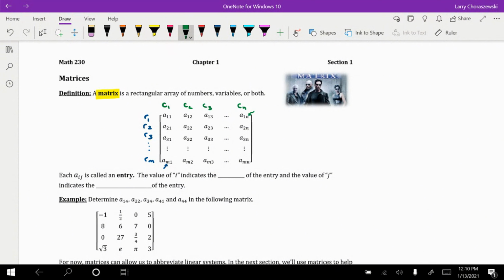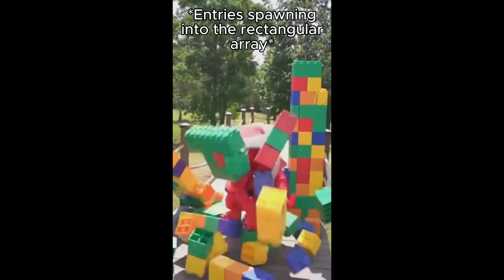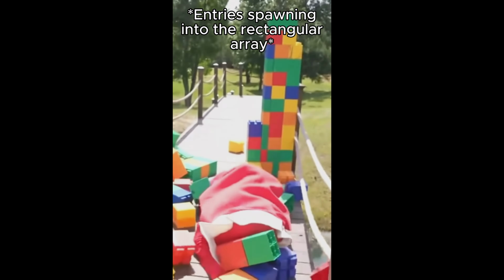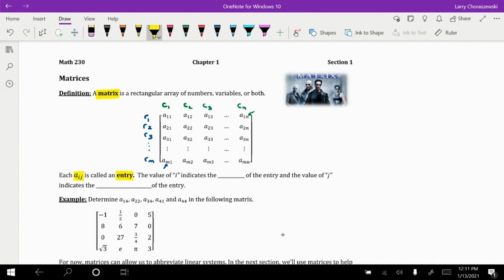All in all, these items that are populated within this rectangular array are referred to as entries. And generically speaking, we could write an entry as A sub ij. Now, the value of i indicates the row of the entry, and the value of j indicates the column of the entry.